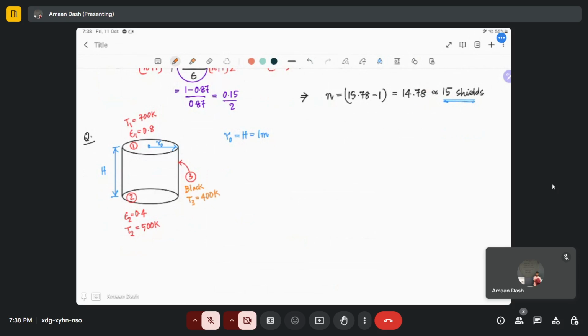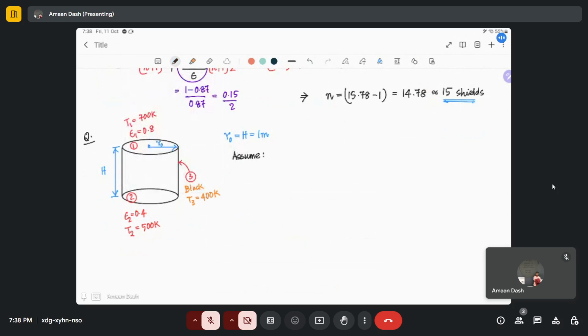This is the radius and this is the height h, and the radius being say r0. So we have r0 is equal to h is equal to 1 meter.